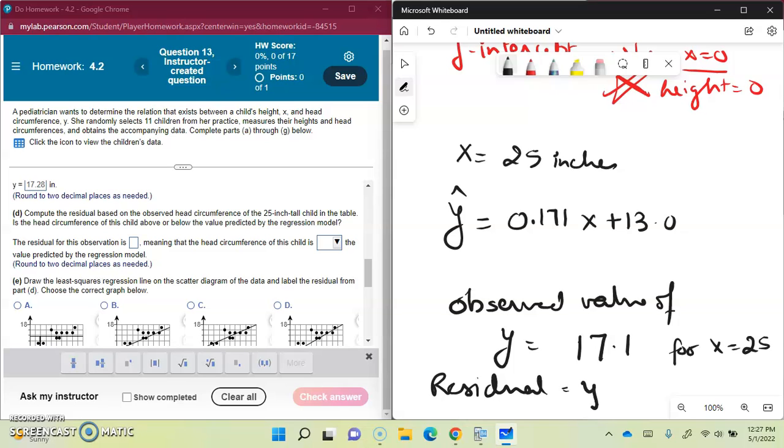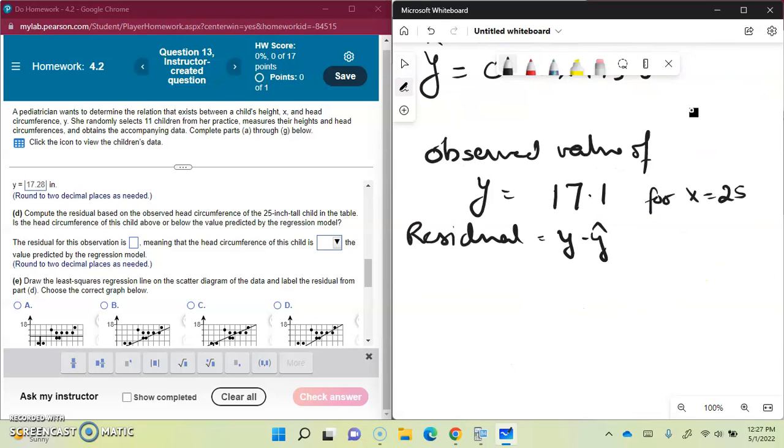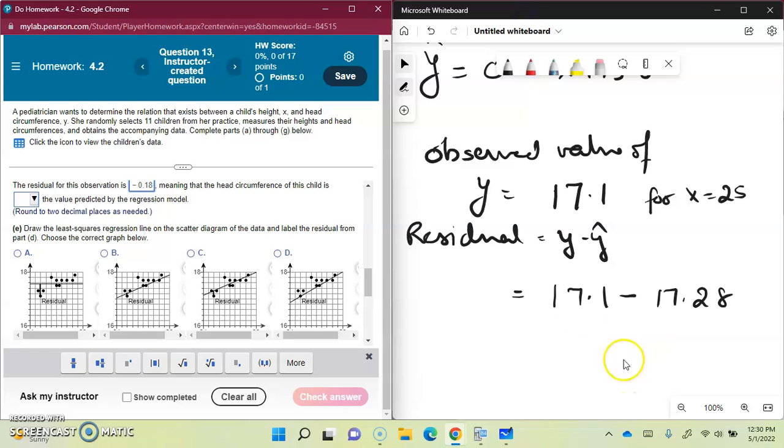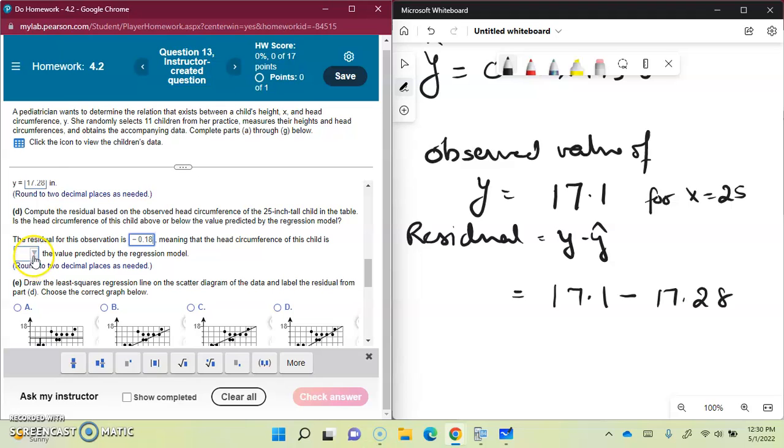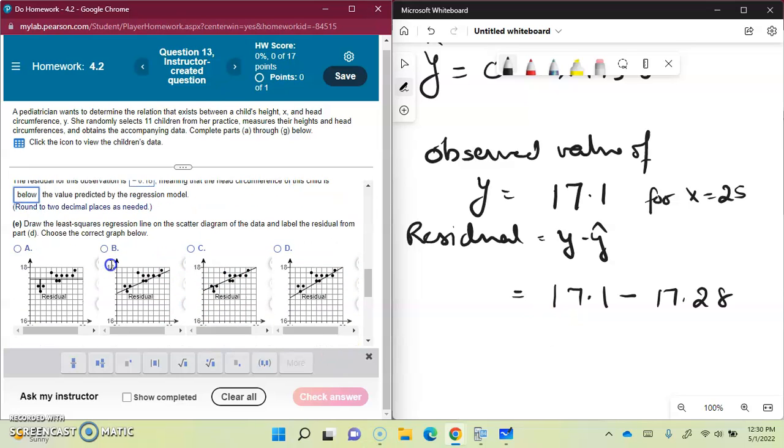Residual is y minus y hat, observed minus the predicted value. The predicted value is 17.28. So 17.1 minus 17.28 is negative 0.18. That is the residual. It means the head circumference of this child is below the value predicted. The observed value was 17.1 and the predicted is 17.28, so because it's negative, it is below predicted.